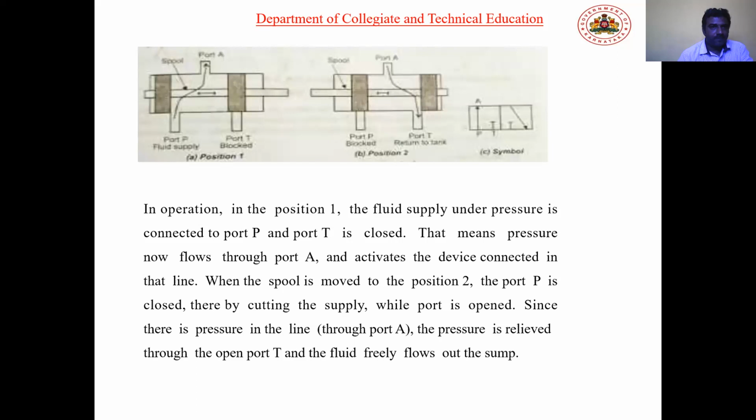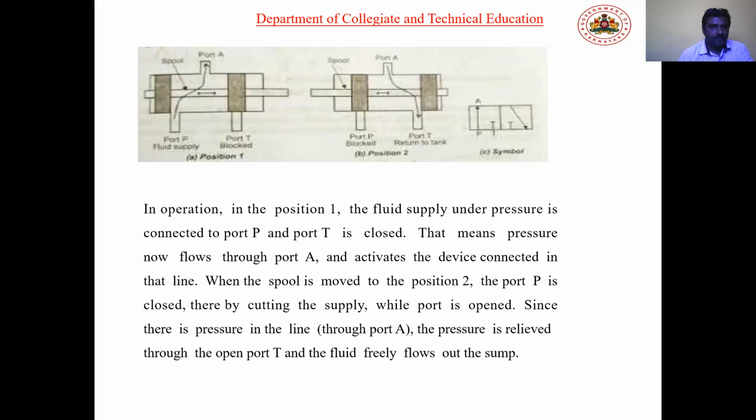Then in the next position, when the spool is moved to position 2, port P is closed. In the second figure, we can see port P is closed, thereby cutting the supply, while port T is open. Since there is pressure in the line, pressure is relieved through port T, and the fluid freely flows out to the sump.